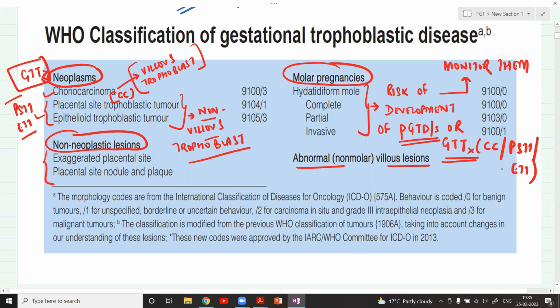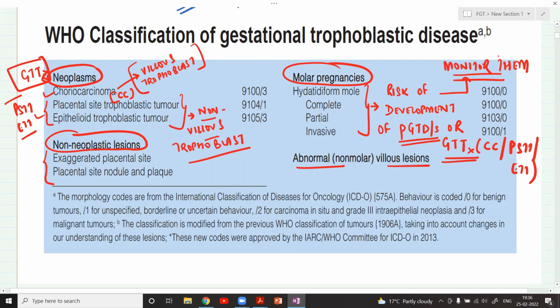So molar pregnancy, that is the complete mole, partial mole, and invasive mole, has a risk of becoming persistent. They might give rise to a persistent gestational trophoblastic disease, or they might even give rise to neoplastic lesions like choriocarcinoma, PSTT, and ETT. That is why we have to monitor them.